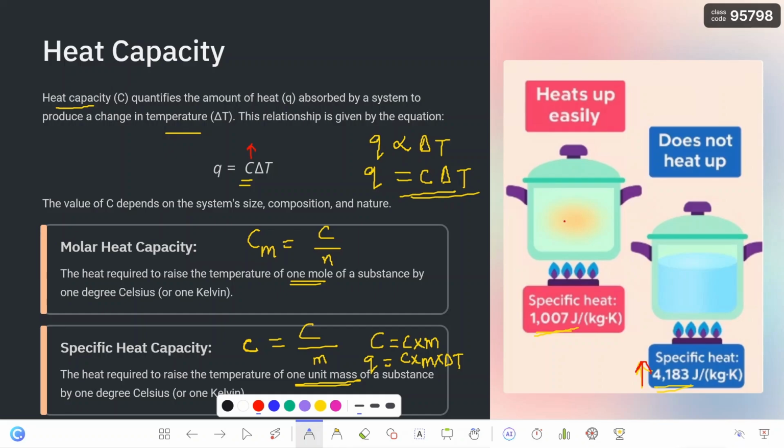So now you can think and tell water or oil is having higher heat capacity. You take same amount of water and same amount of oil and try to heat it. Which one is getting heated faster? So which one will be having higher heat capacity? You can think and drop in the comment section. So let's see how good you understood.